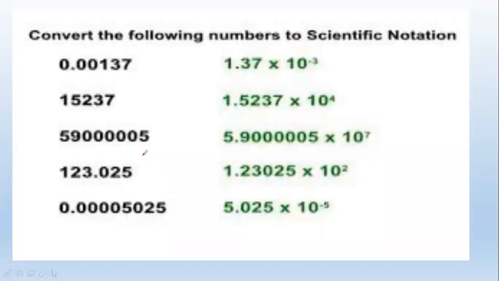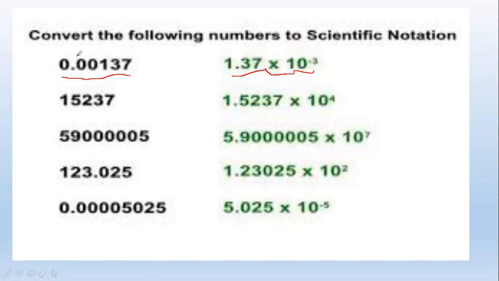Other examples of scientific notation: 0.00137 is written as 1.37 cross 10 raised to power minus 3. This is the number and this is the scientific notation.